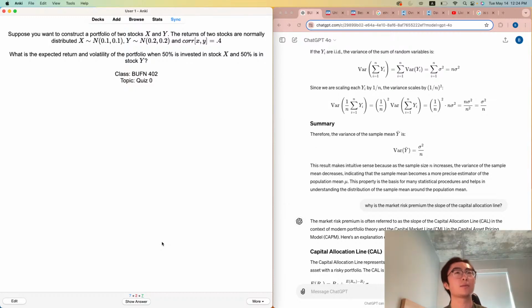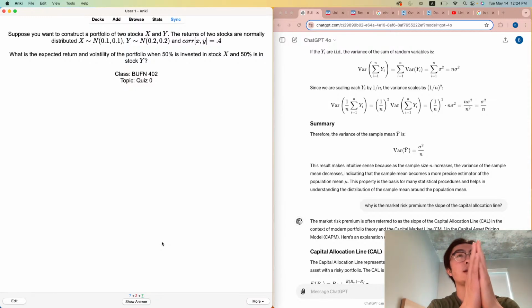What is the expected return and volatility of the portfolio? 50% invested in stock X, 50% in Y. Alright, so expectation of X plus Y, I think it's 0.5X plus 0.5Y, so 0.5 times 0.1 plus 0.5 times 0.2. Expected return.